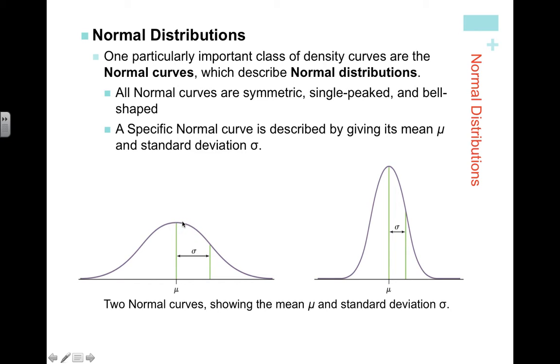If you take a pencil and trace it, you can feel where the curvature changes, and that's where your standard deviations lie. Some of you may have heard the words inflection points in other math classes. That's exactly what they are.